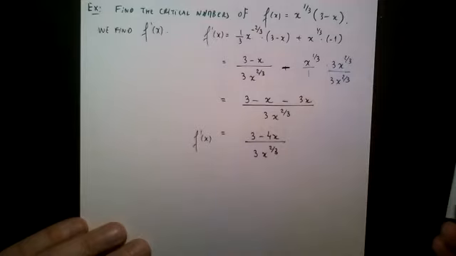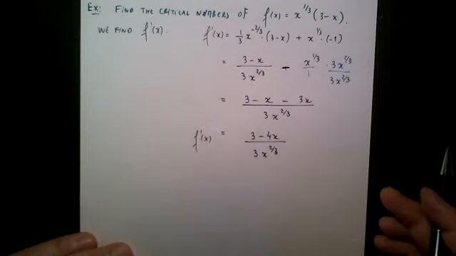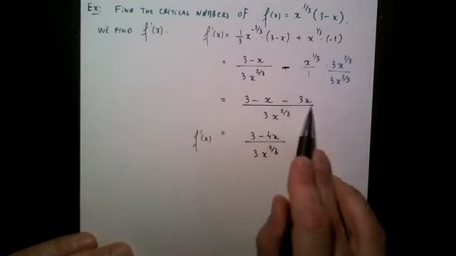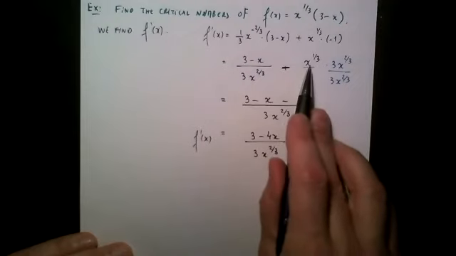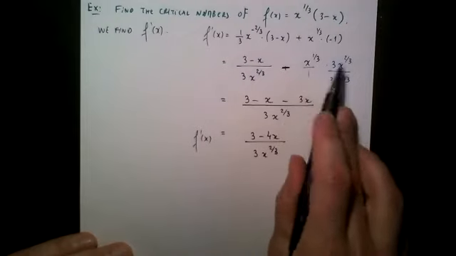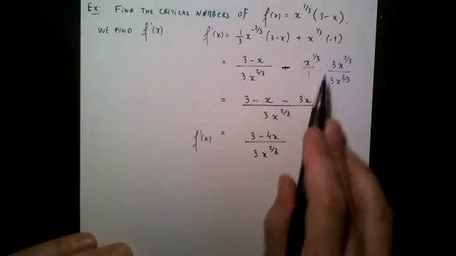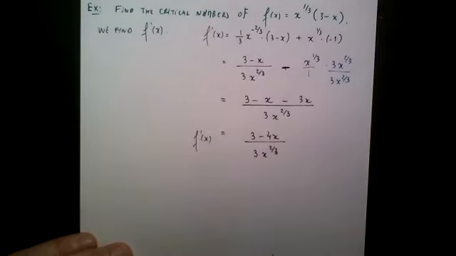Is that okay? Okay, and now I put everything on the same denominator. If you multiply, x to the 1/3 times x to the 2/3 is x to the 3/3, which is just x to the 1, times 3. And then I just simplify the top and that's it.